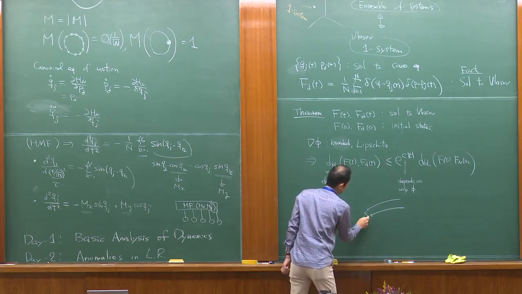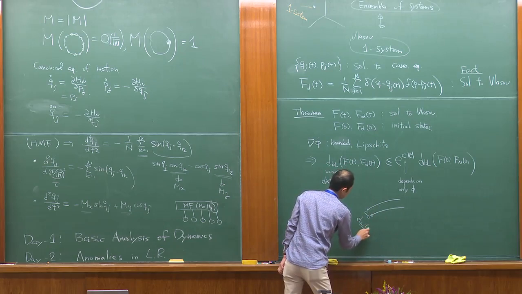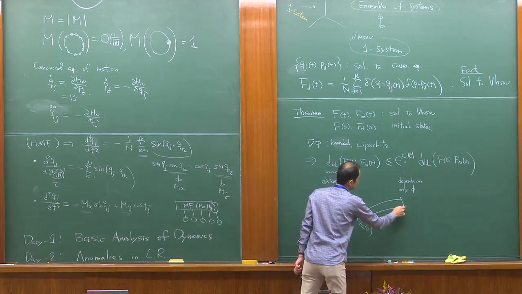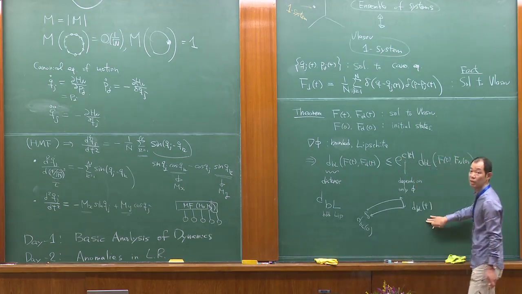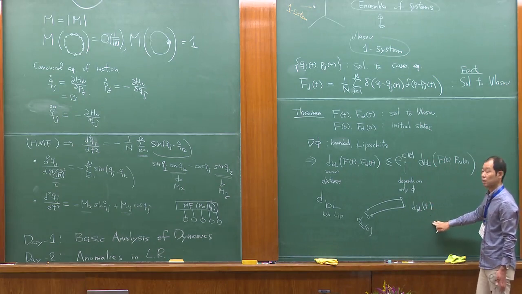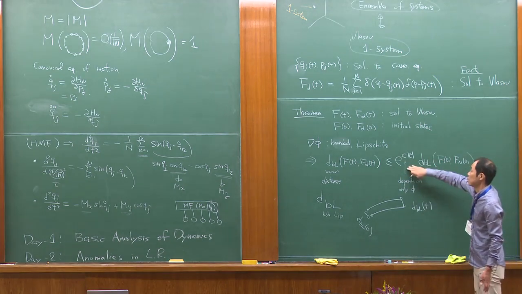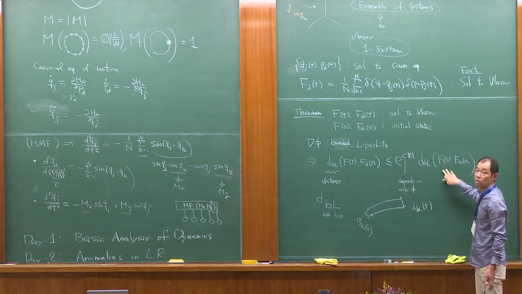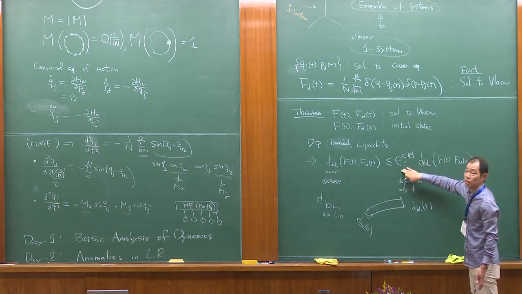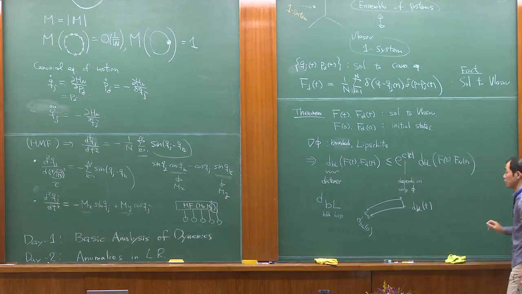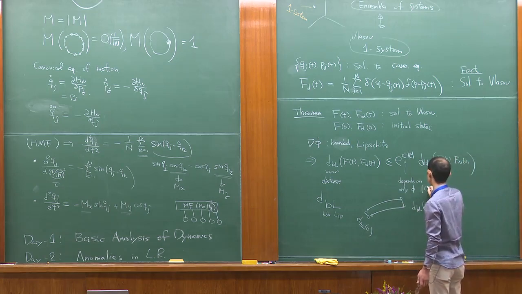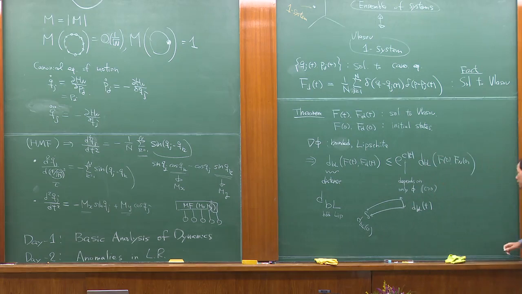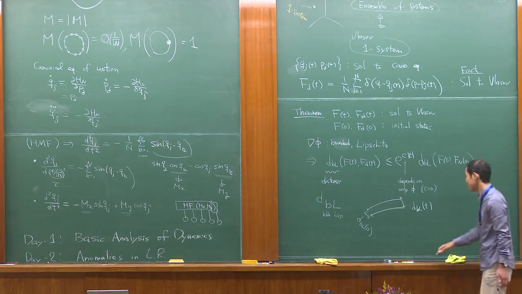At time t, that distance becomes d_t. How is this distance bounded by the initial condition? We can bound it by an exponential function. C is positive; if C is negative, it's okay.